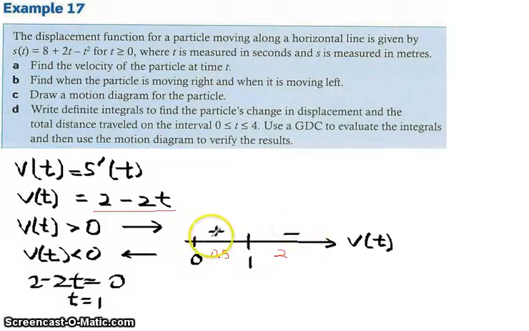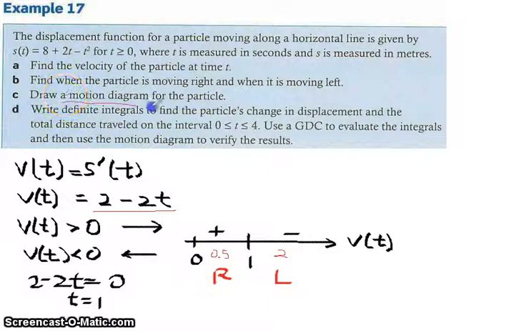So that's all I care about. I only care about the signs. So now I have my sign diagram completed. That means from 0 to 1, my object is going to the right. From any time after 1 second, my object is going to the left. Okay, so this is going to help me out in part C.